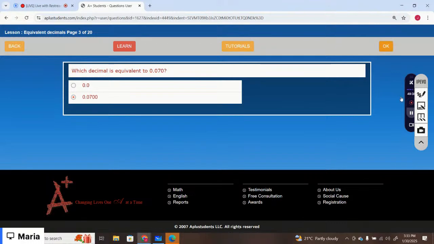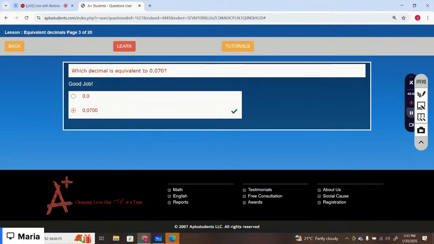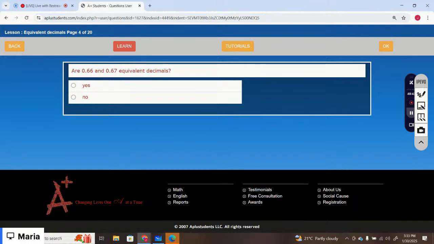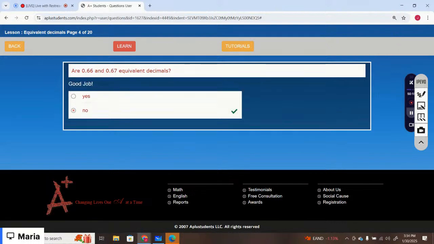Option number two is the correct option. Are 0.66 and 0.67 equivalent decimals? No, they are not, right? The numbers are different, so no, they are not equivalent.